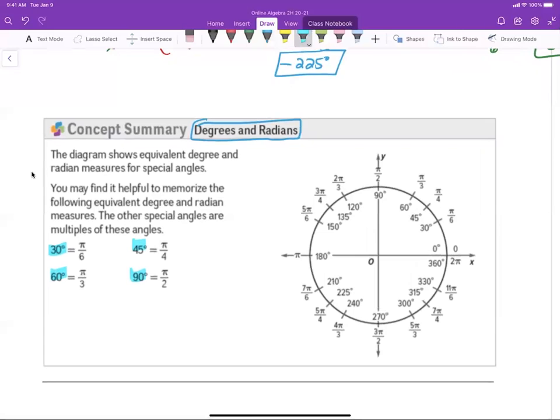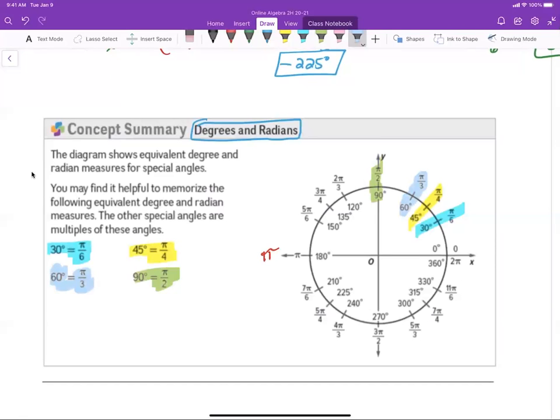So you can see that our 30 degrees is equivalent to pi over 6. Notice that. I have a 45 degree angle, and that is pi over 4. I have a 90 degree angle, which is pi over 2, and that should be easy to figure out because 180 is pi. So half is 90, and that's pi over 2. And then the last one is 60, which is pi over 3.